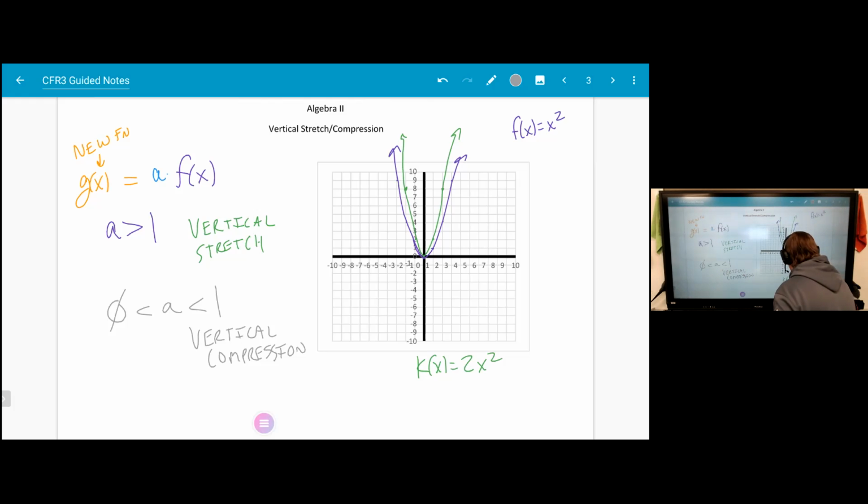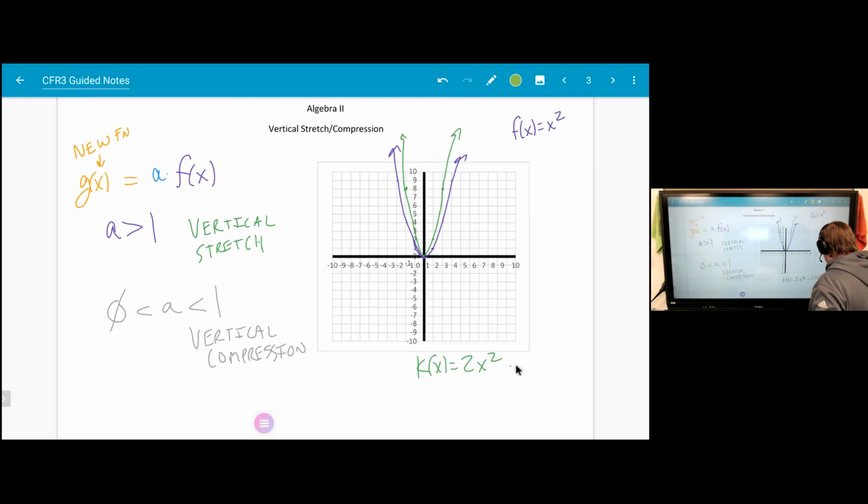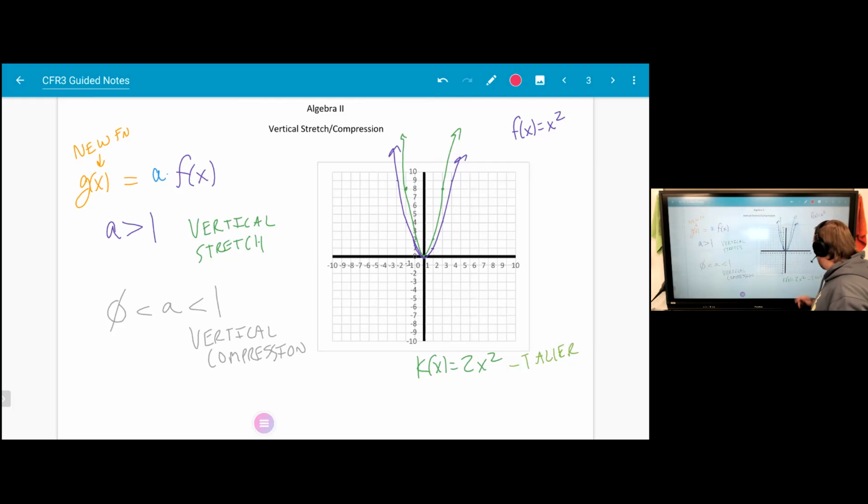Let's do this. Let me label this here real quick. This makes it taller. And then I'll go this color. Oh, I already had gray. Too many colors going on. I've got, how about j of x equals half x squared.